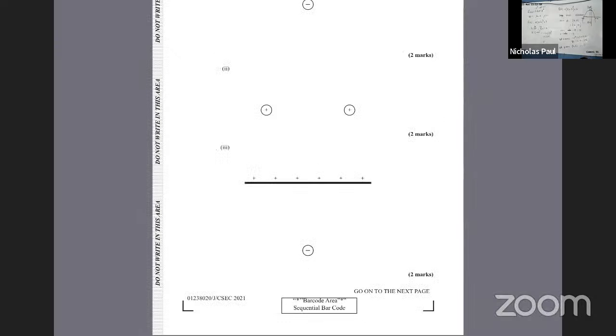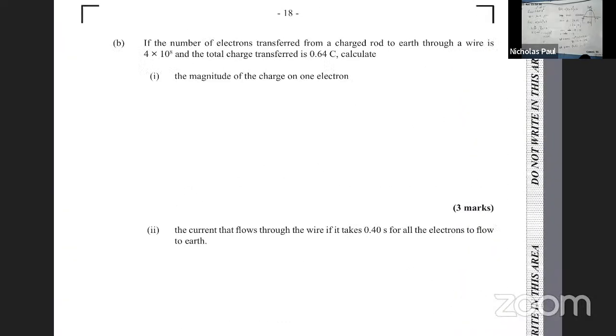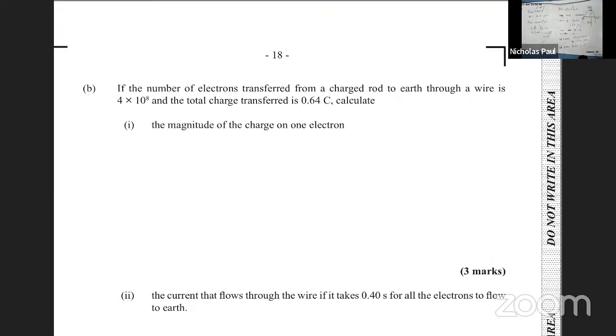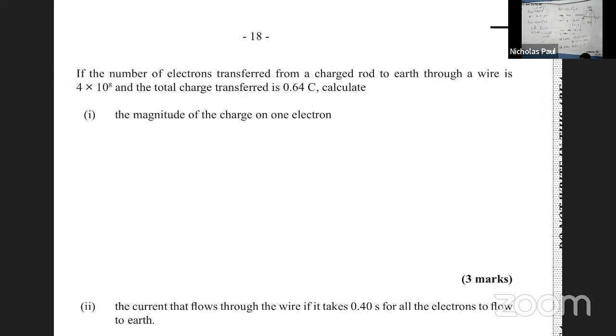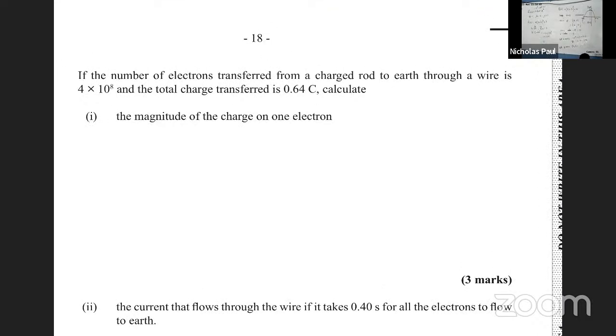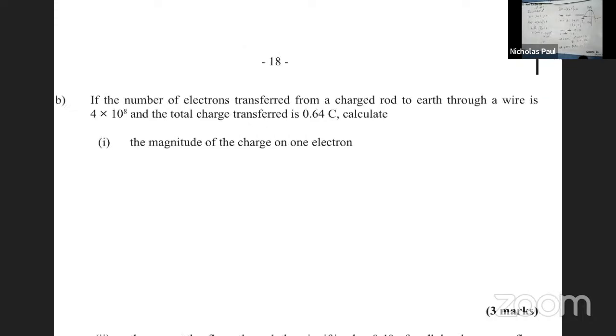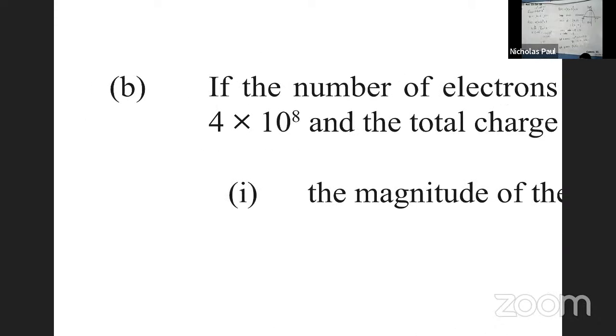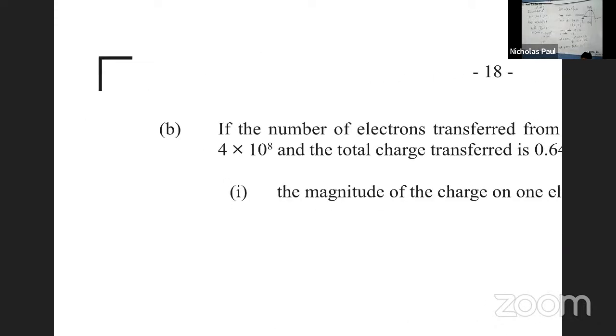Right, next part. If the number of electrons transferred from a charged rod to earth through a wire is 4 by 10 to the power of 8, write it down so we'll work it out.